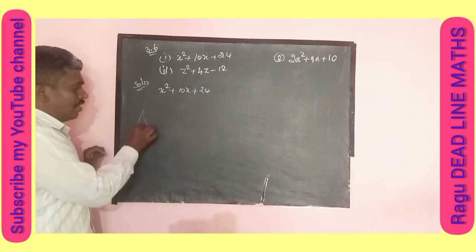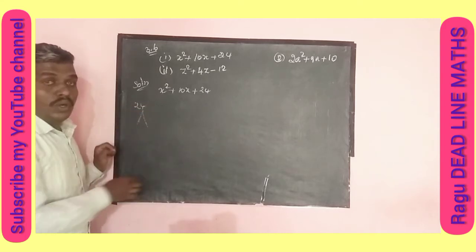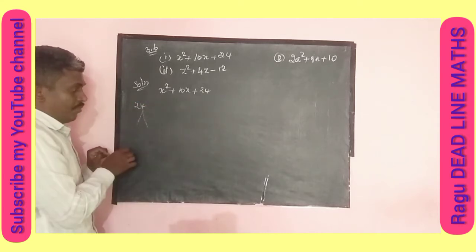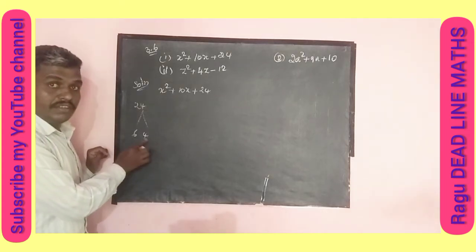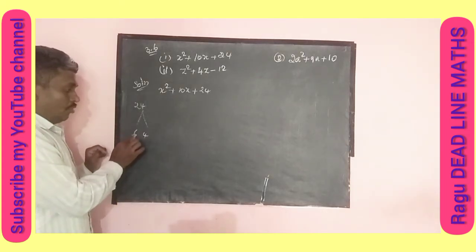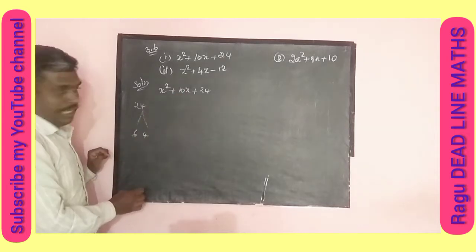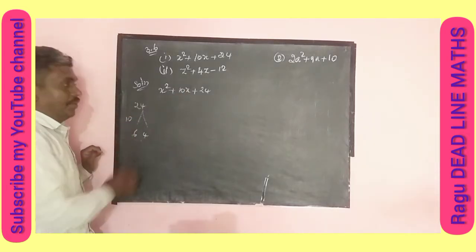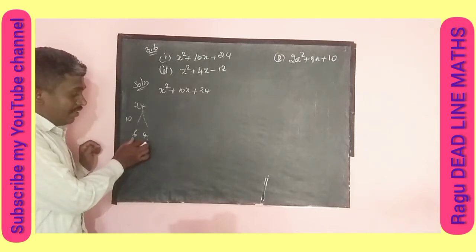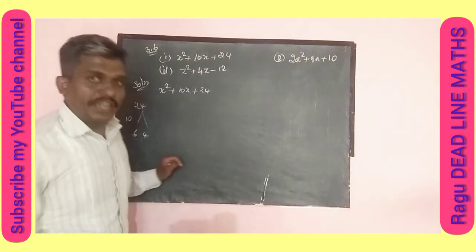See, the constant value is 24. 6 fours are 24, and 6 plus 4 is equal to 10. Like that only you have to find these numbers. If you find these numbers, the factorization is very easy.